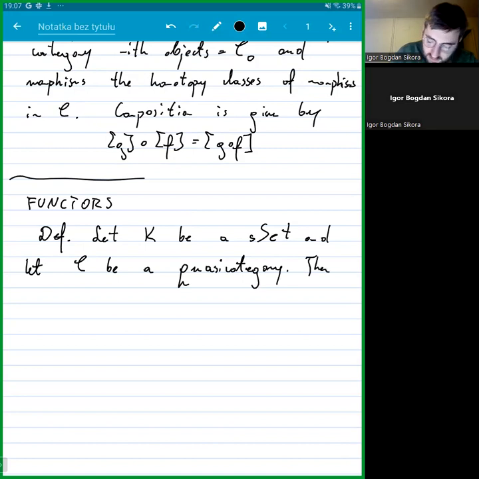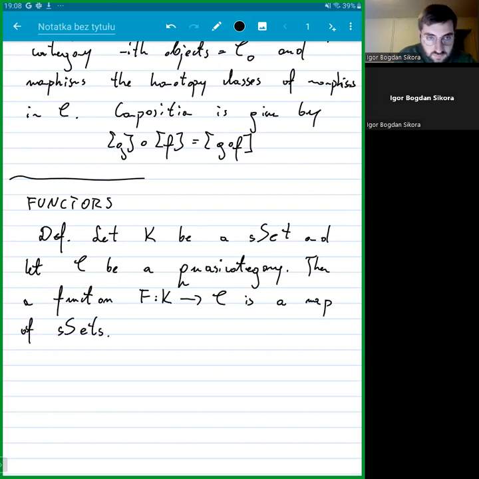Then a functor F from K to C is just a map of simplicial sets. And similarly as we have a space of maps in a quasi-category, we have a whole space of functors.